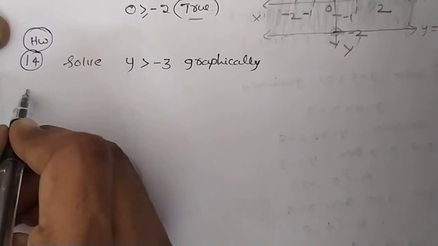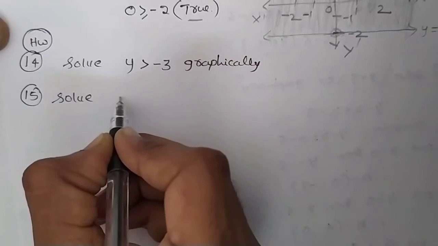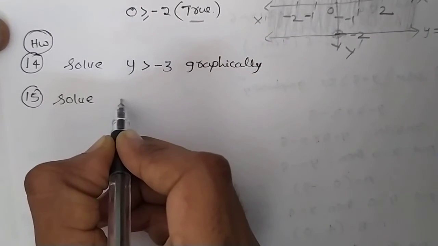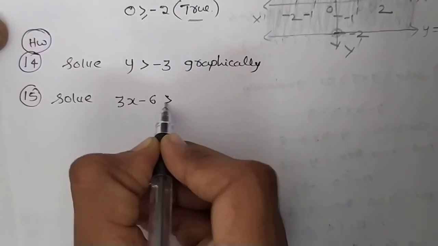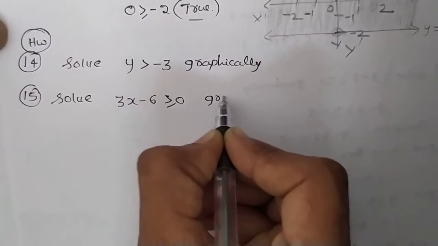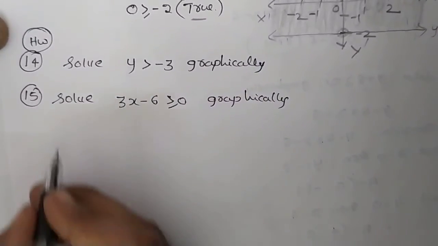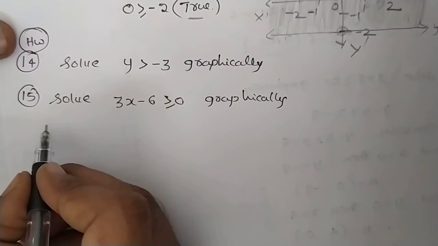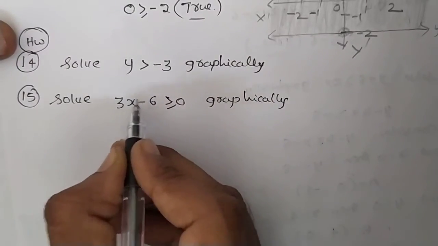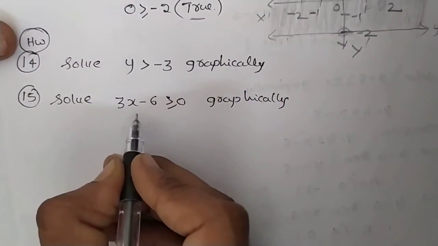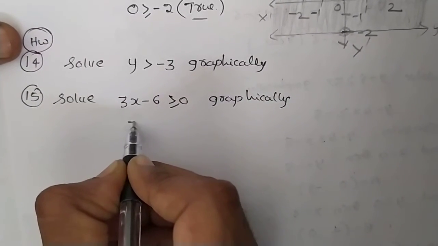Next question, 15th question. Solve 3x minus 6 is greater than or equal to 0 graphically. Before that, let us rearrange this inequality in a proper way.